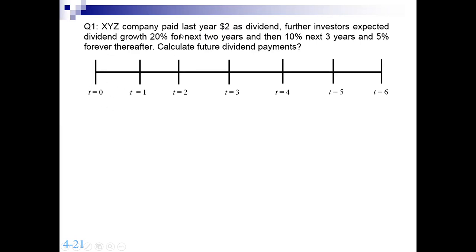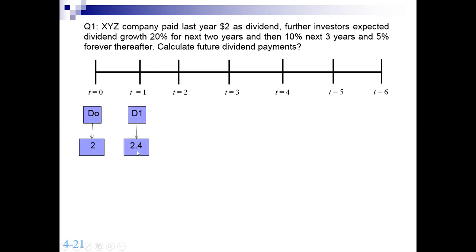If you understand that the last year's dividend should be taken as the current dividend which the company paid so far, it should be taken here. Now check again: investors expect dividend growth of 20% for the next 2 years. If the dividend is growing by 20% for the next 2 years, this dividend will be 2.4.